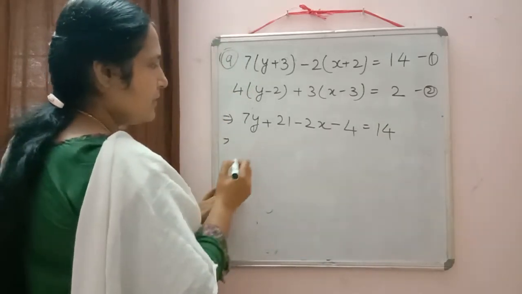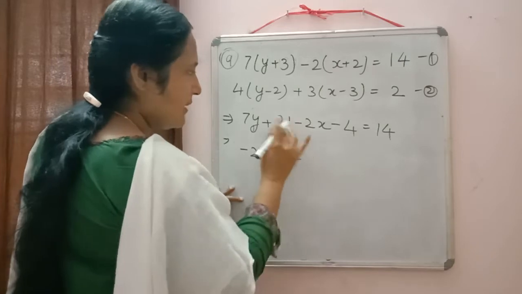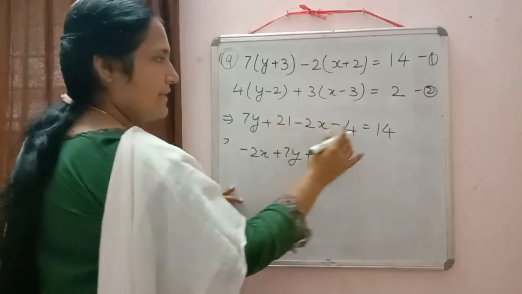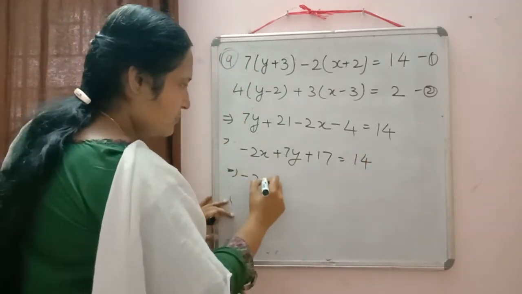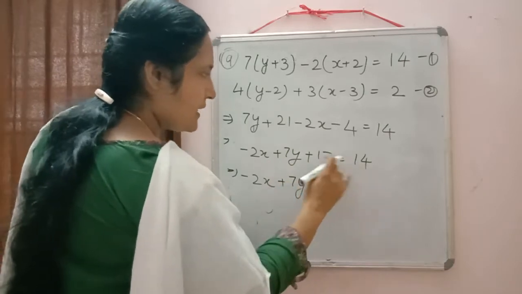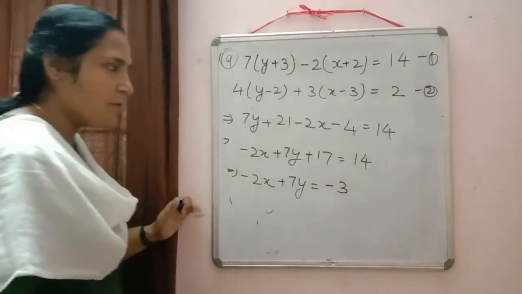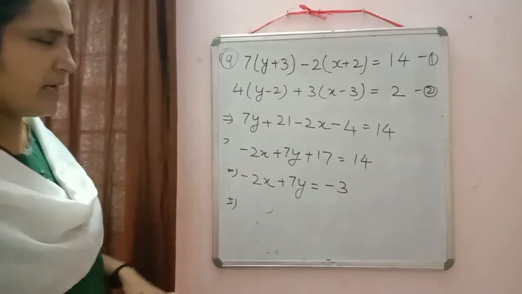So it will be minus 2x plus 7y, 21 minus 4, which is plus 17, is equal to 14. So minus 2x plus 7y is equal to 14 minus 17, and 14 minus 17 will be equal to minus 3. Again, a negative first term we don't like.